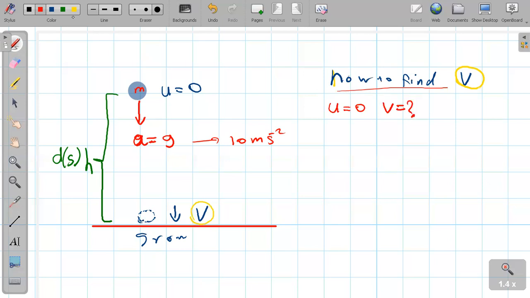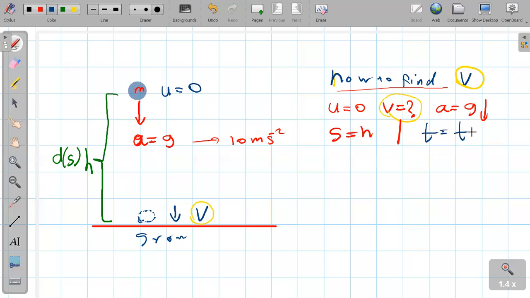I don't know. That's what I'm going to find. And they have given the acceleration, that is gravity, downwards. And the last thing, there are 2 other variables. S is the height, and the other one is T. Time is equal to T.